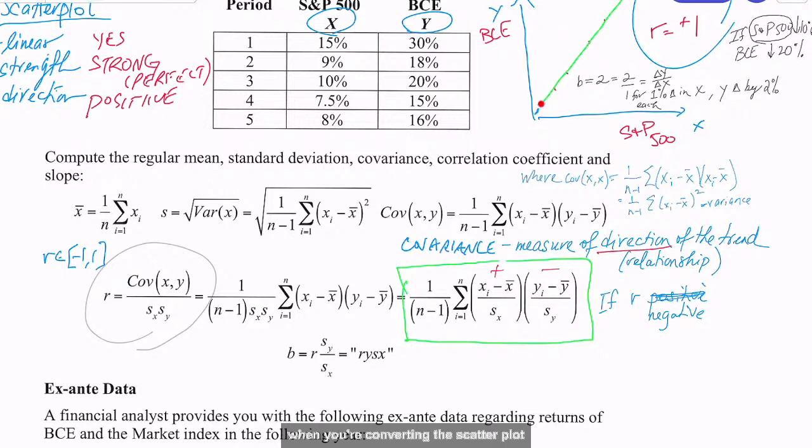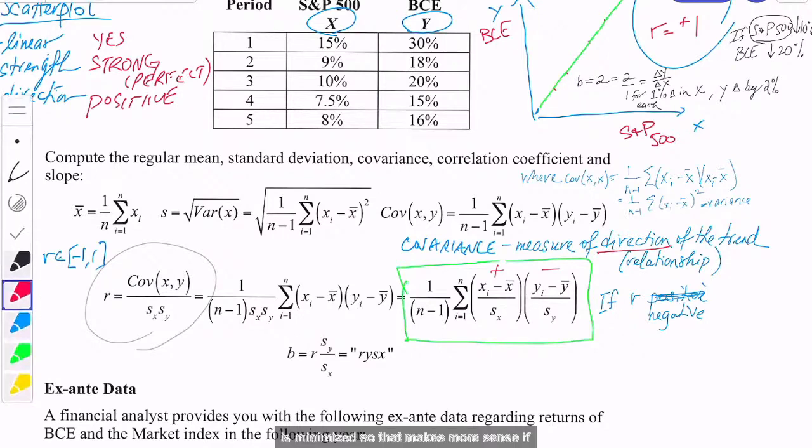When you're converting the scatter plot into a prediction line, the slope is found using calculus, actually. What's done is the line is chosen so that it fits closest to all the points, so that the residual value, the distance between the line and all the points, is minimized.